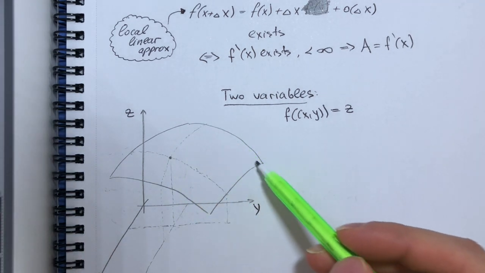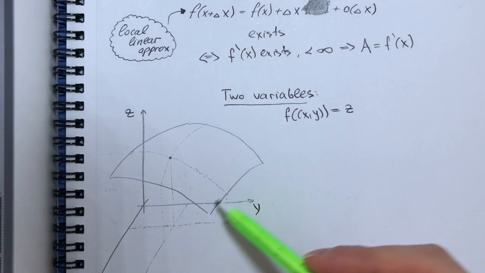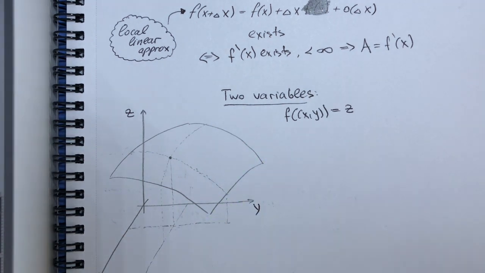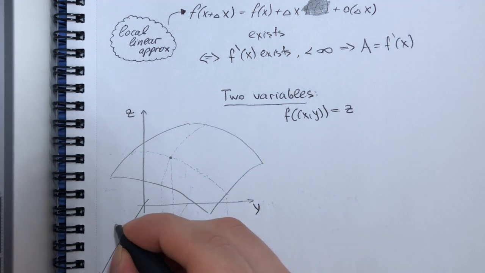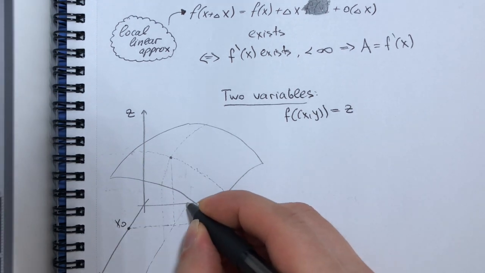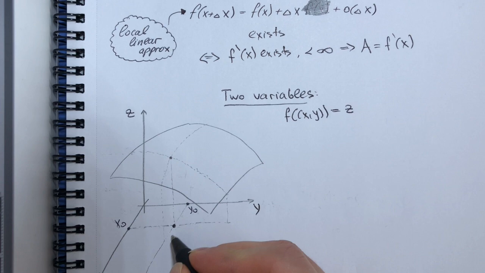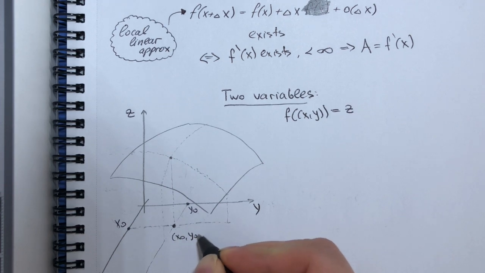So here's my surface corresponding to function values of f. I pick a specific point, x naught, y naught.